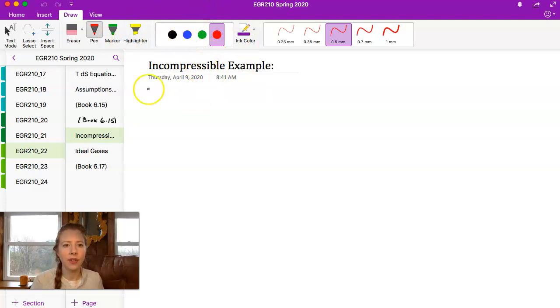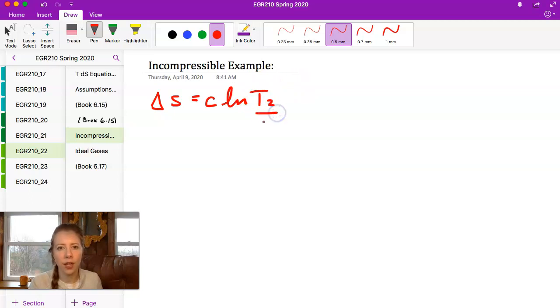So delta S is equal to C times the natural log of T2 over T1 for the incompressible model. So we had a temperature of 160 degrees Celsius, so that's pretty close to 400 Kelvin. So let's just look up C for water at 400 Kelvin.